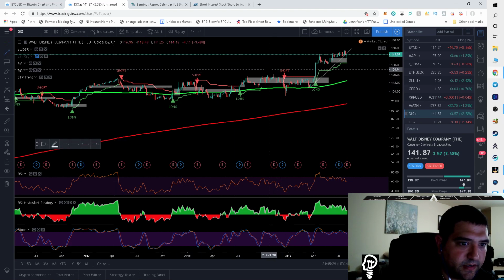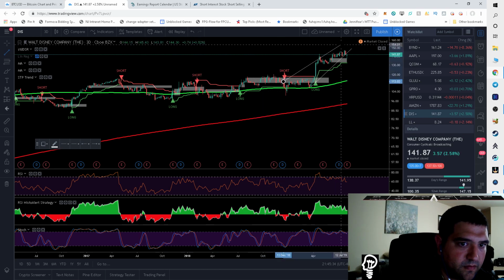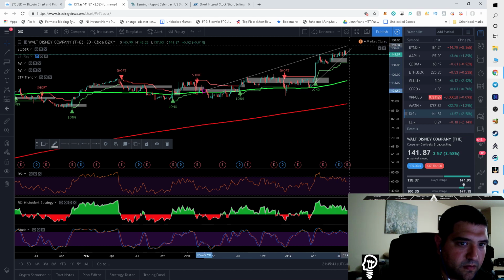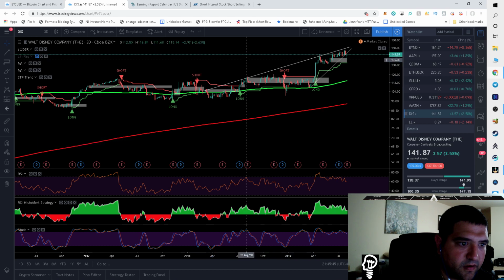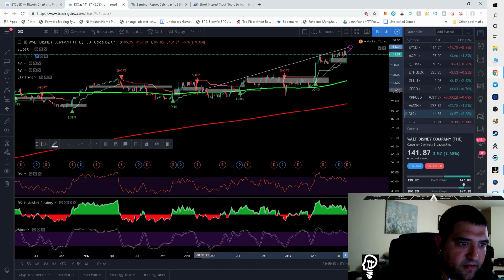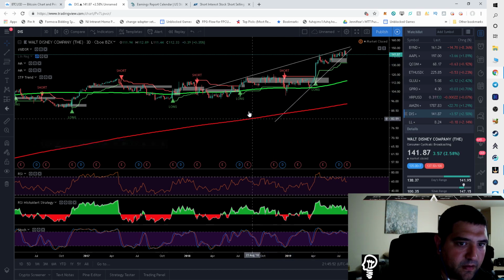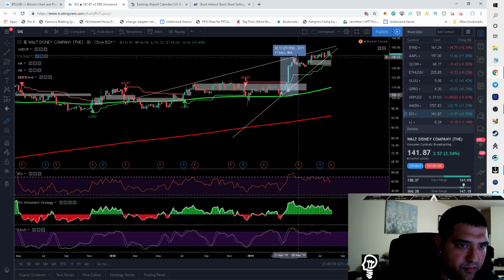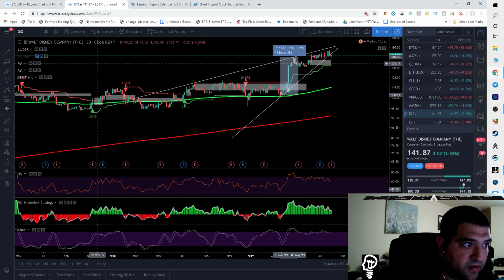It's a 3-day chart, guys. Alright, so you can kind of get the idea that this is a rising wedge type pattern that apexed on the earnings report, and we'll probably see a decent drop.